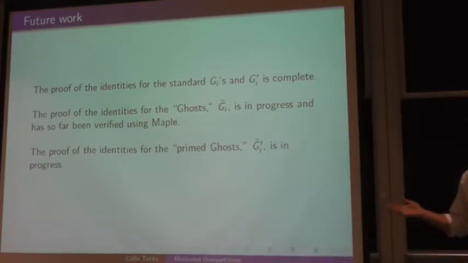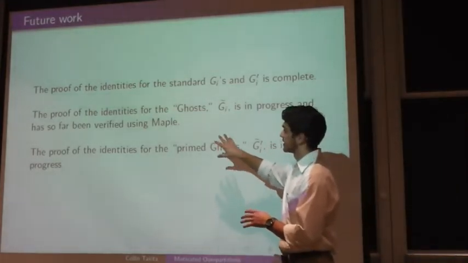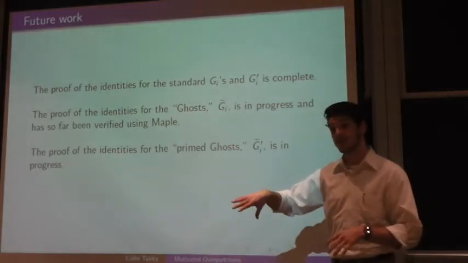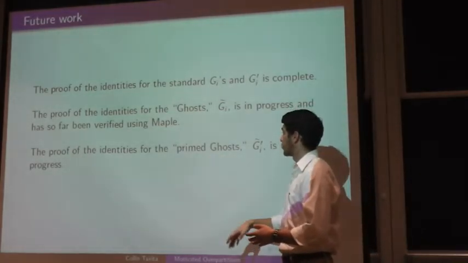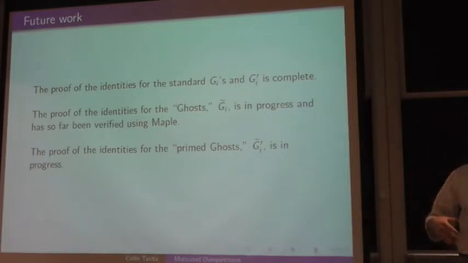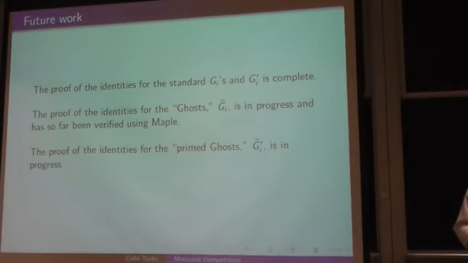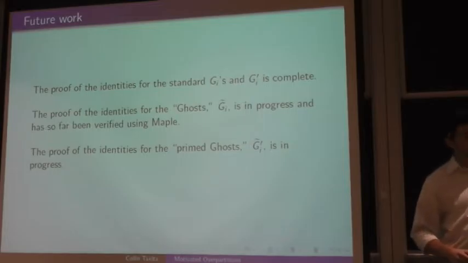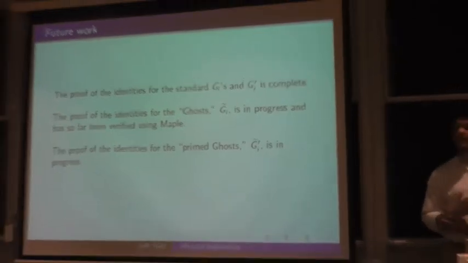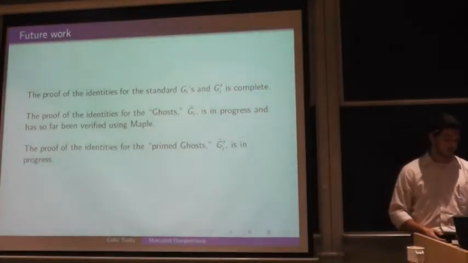But it has been verified in Maple that the ghosts satisfy the identities that we had conjectured, and similarly we're working to verify that the G sub I prime tildes satisfy their recursions as well. From there, we can continue to look at these proofs and overpartitions in such a way, and recover similar identities.